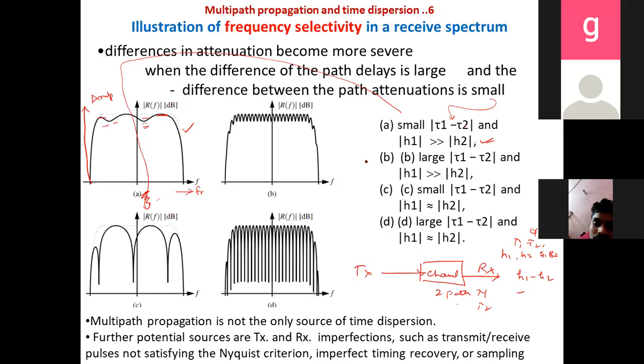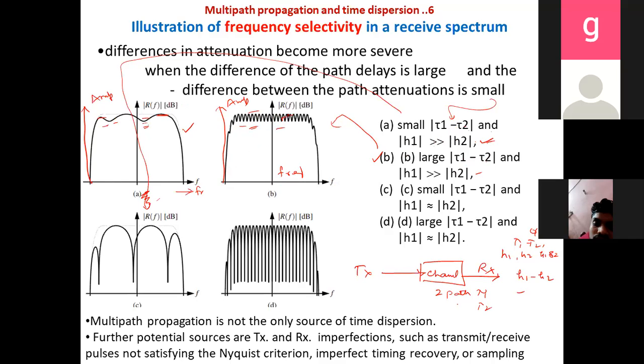In the second case, if the difference in time delays is very high and the attenuation difference is also very high, you can see how the signal amplitude is changing across the frequency. Different frequencies are affected differently here.